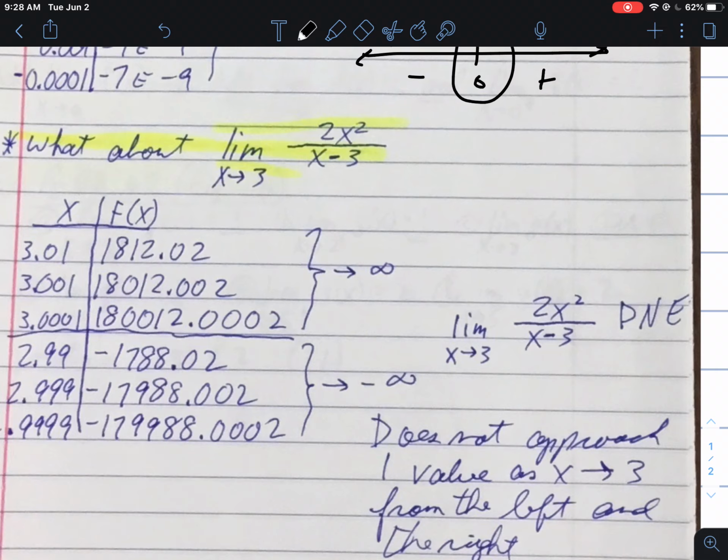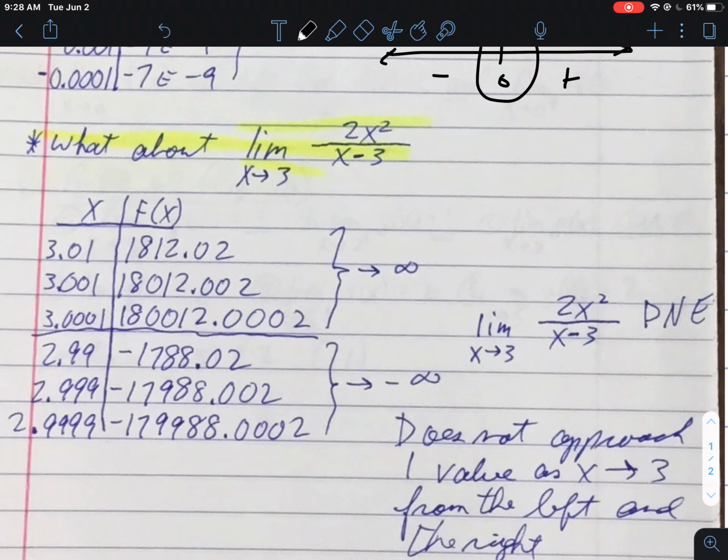So here I'm plugging in numbers to the right of 3: 3.01, 3.001, and so forth. And look what's happening to our function values. 1812, 18,012, 180,012, and then a decimal tacked onto that. But what's happening is those numbers are getting larger. Right?